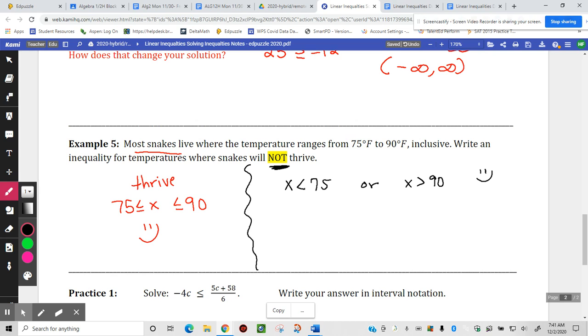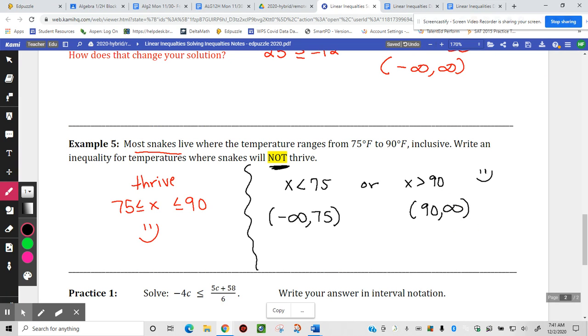But if you've been in the classroom, we've done a little bit of interval notation. And I just want to go over how to write that with interval notation. If you wanted to write x is less than 75, it would look like this: negative infinity to 75 parentheses. If you wanted to write x is greater than 90, it would be 90 to infinity.